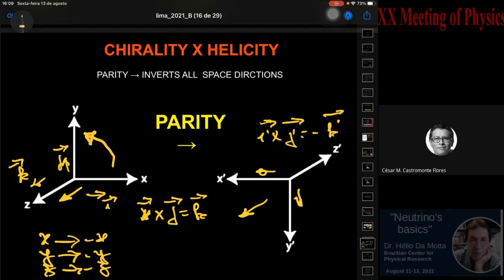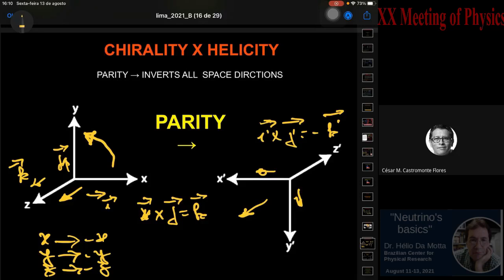If I replace x, y, and z with minus x, minus y, and minus z, I am changing from right hand to left hand, like putting the electron in front of a mirror. So I may have a right-handed electron, and in the mirror I see a left-handed electron. Or I have a left-handed electron, and in the mirror it is a right-handed electron.